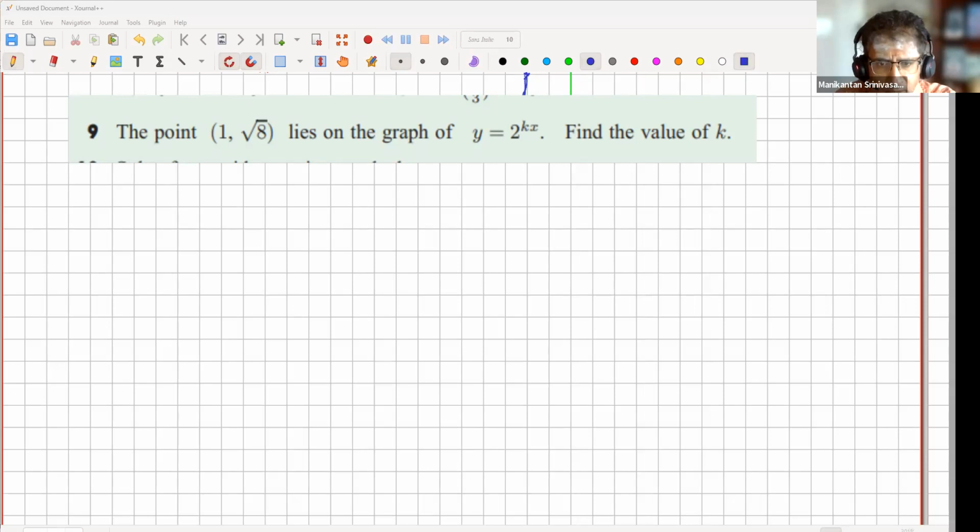Can we do 10b? 4 power x plus 1 equal to 1 by 8 power x.